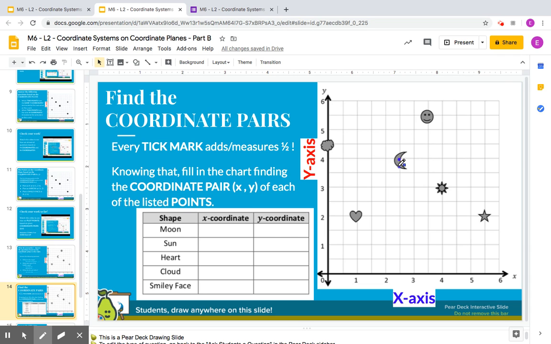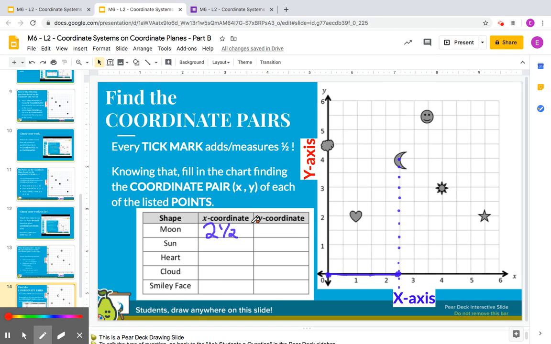So I'm going to draw a line down from my moon, and then I'm going to start on my origin and figure out where that moon hit on my x-axis. 1/2, 1, 1.5, 2, 2.5. And it matches. My moon has an x-coordinate of 2 and 1/2.